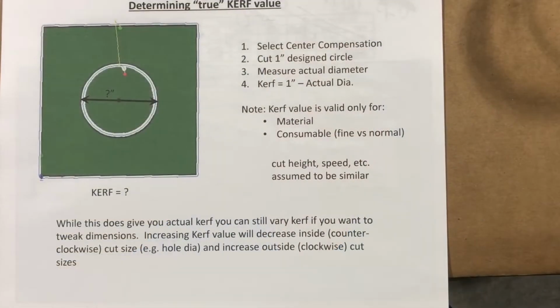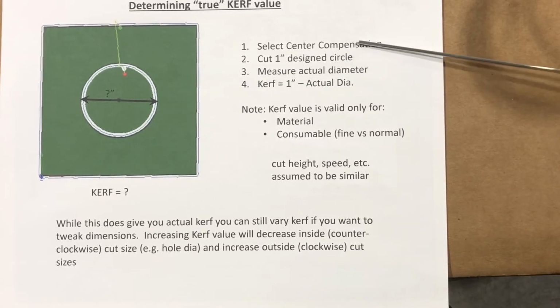Part of what we want to do in this video is determine what our true kerf is. And so we've postulated that we can do a cut and find out what the actual measurement is and subtract that from what the design measurement was, and the difference would be our true kerf.